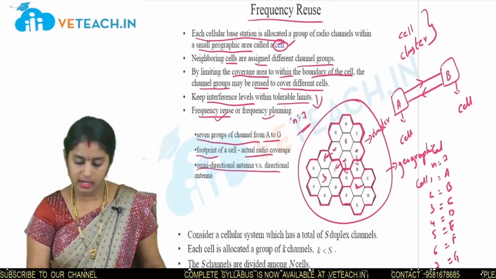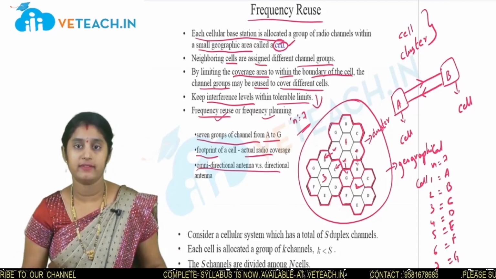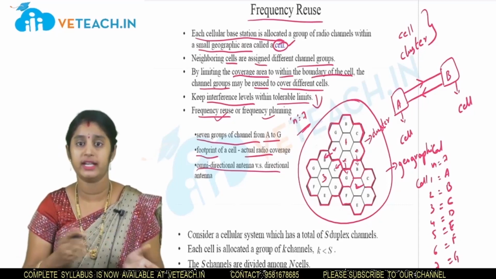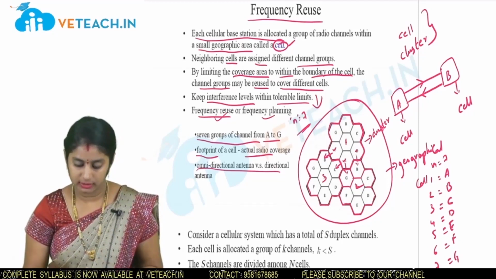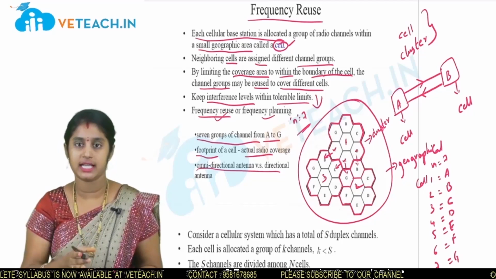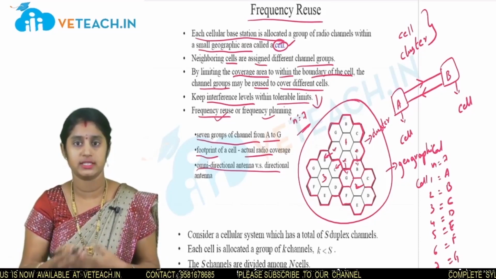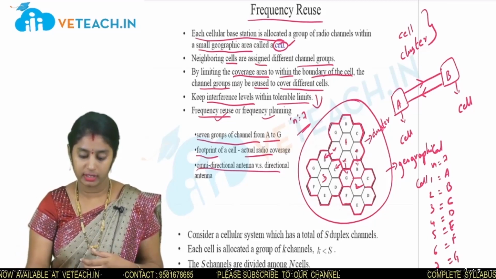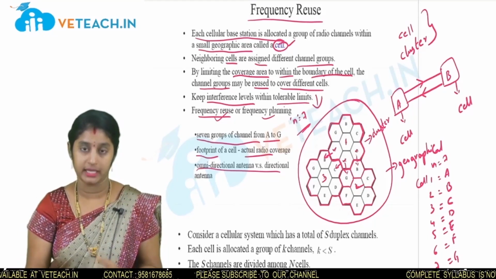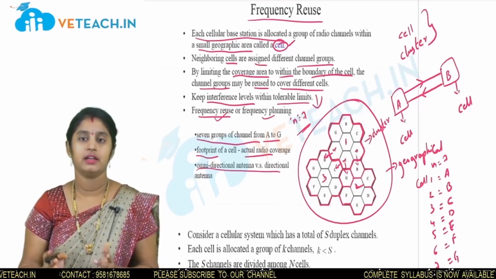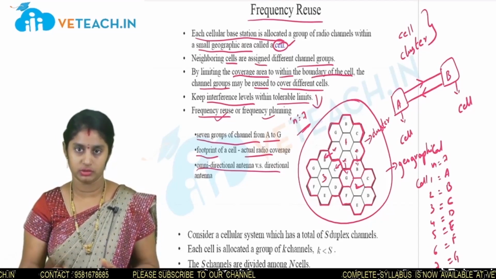So one cluster has common cells, and those cells are commonly used by different clusters as well. That means each and every cell has some frequency in order to transmit or receive the signal, right? So that frequency is reused by neighboring clusters as well. So this concept is frequency reuse.